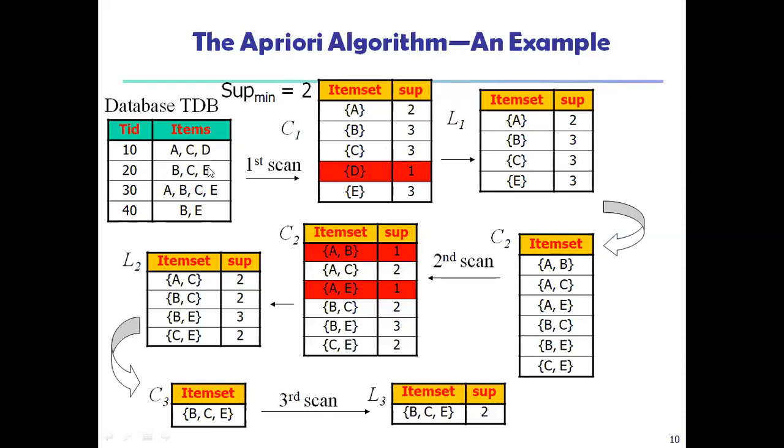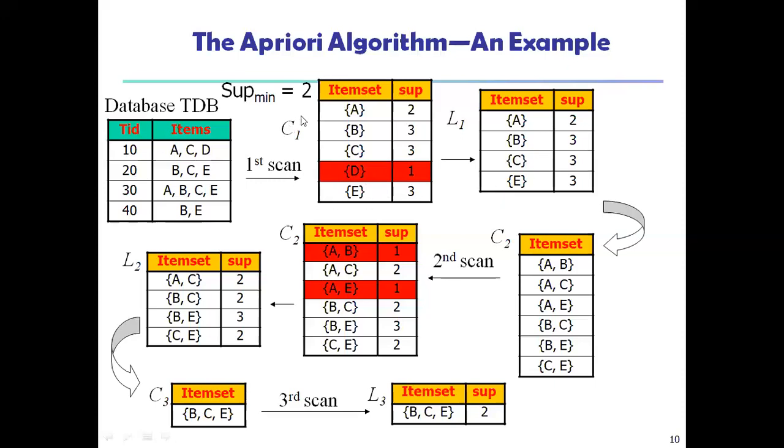In 20 there is no D, in 30 there is no D, and in 40 there is no D. So D has happened only once. Then we'll go for E. E has happened in transaction 20, transaction 30, and transaction 40. So 1, 2, 3, three times it has happened.